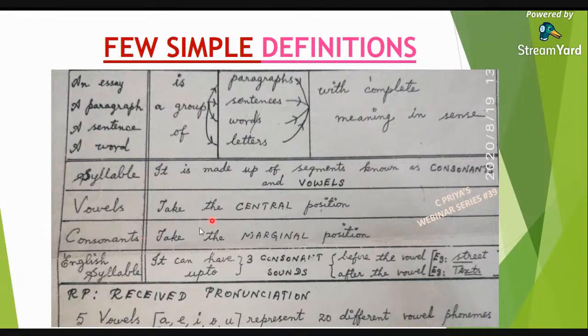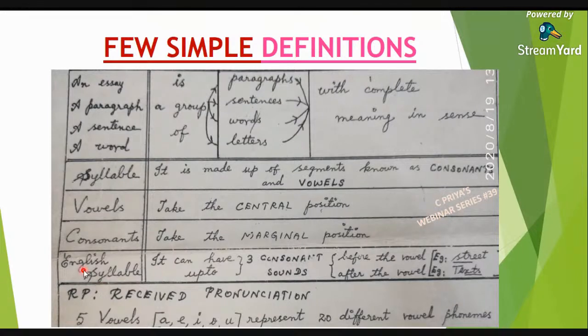Vowels take the central position of the tongue, whereas we use the marginal position of our tongue to produce the sounds of consonants. So consonants take the marginal position, right?